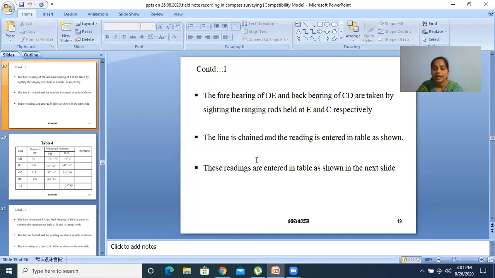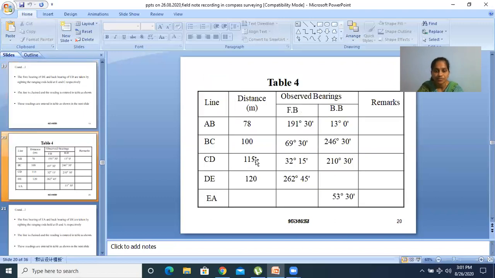So at D station, we are taking as usual two bearings. One is the forward bearing and another one is the back bearing: the forward bearing of the forward line, that is the DE line, and the back bearing of the previous line, that is the CD line. And the traverse leg length from C station to D station is 120 meters.